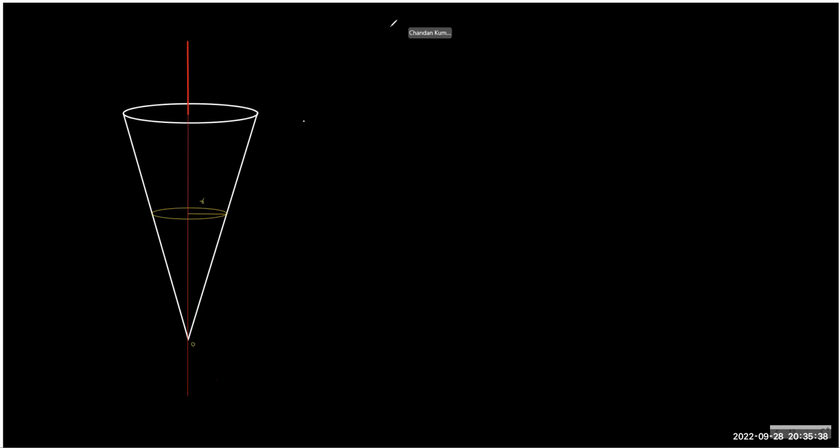The next logical step is to make a small cut, but very close to this circle such that the radius remains almost the same. Because if you cut far away, the r will change. To make sure that r does not change by any drastic measure, the next circle will be as close to this r as possible.